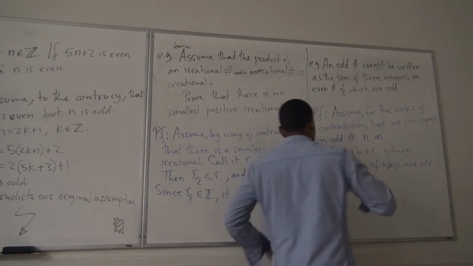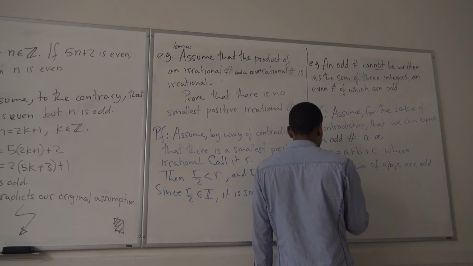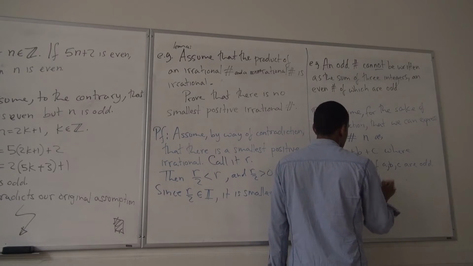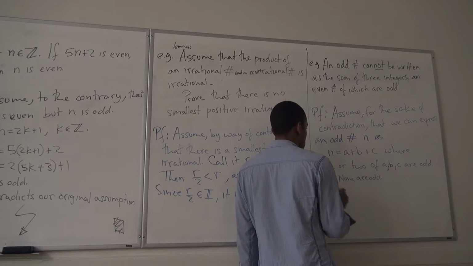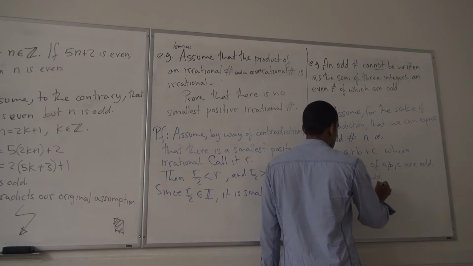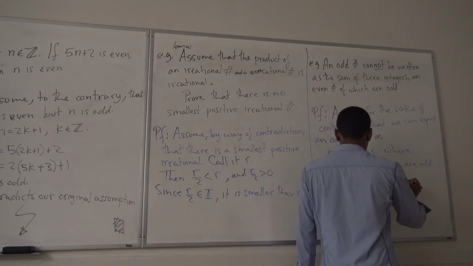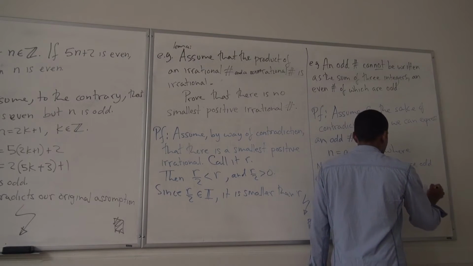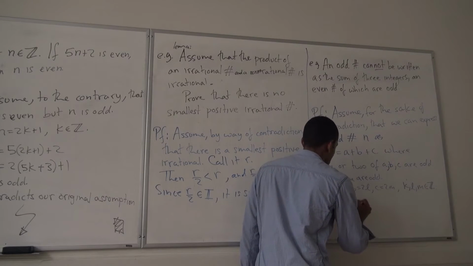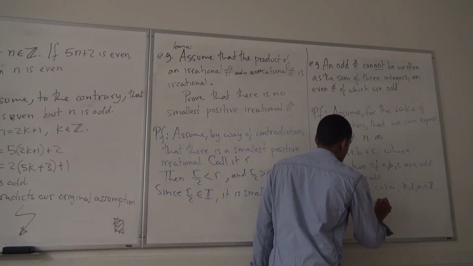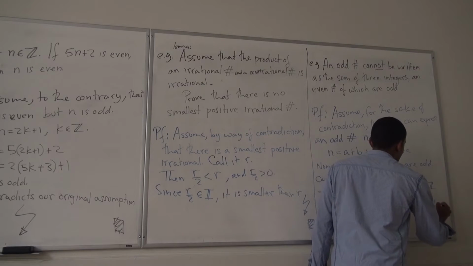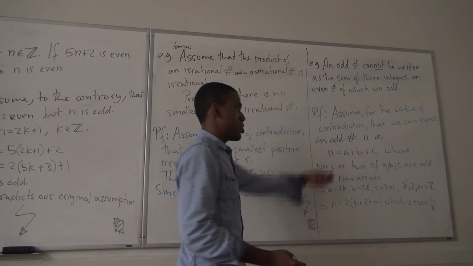Cases, right? So case 1, none of them are odd, right? This means that a equals 2k, b equals 2l, c equals 2n, for integers k, l, n, which means that n would be 2 times (k plus l plus n), which is even, and that produces a contradiction because we assumed it was odd.